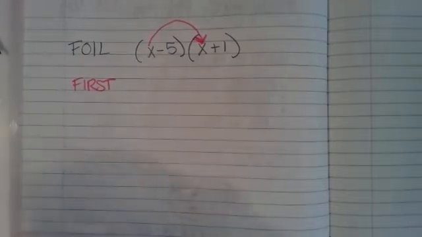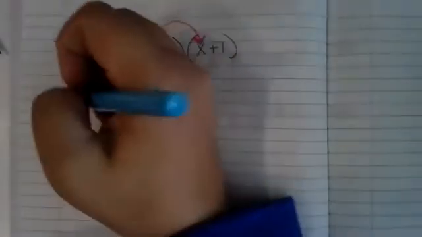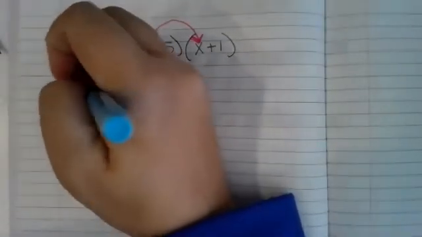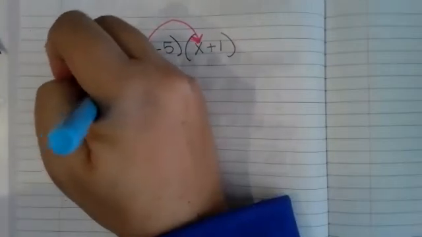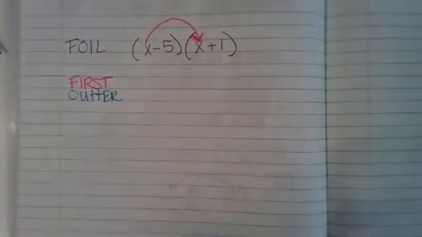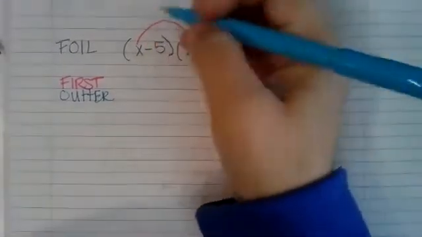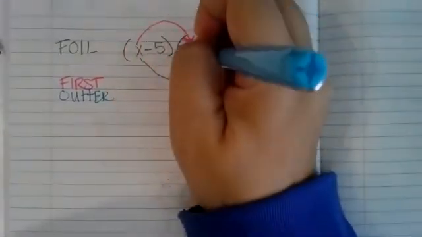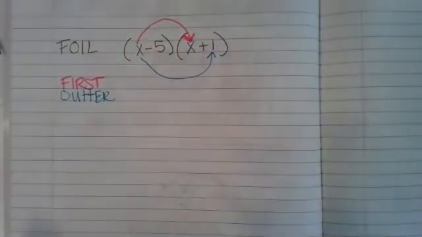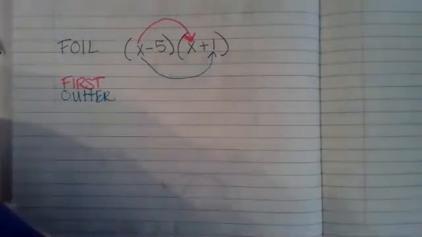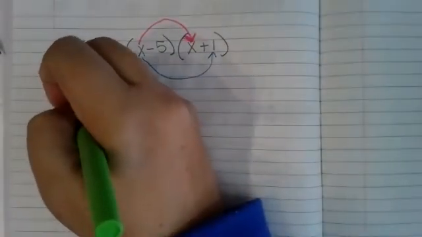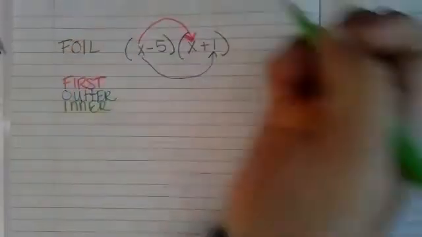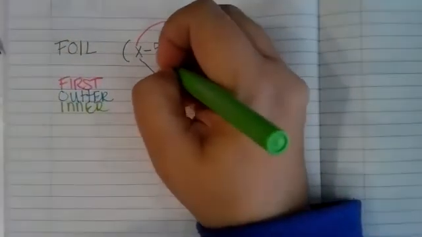Then I have O. O stands for outer. That means I'm going to multiply the outer terms. Next, I have inner. I'm going to multiply the inner terms.